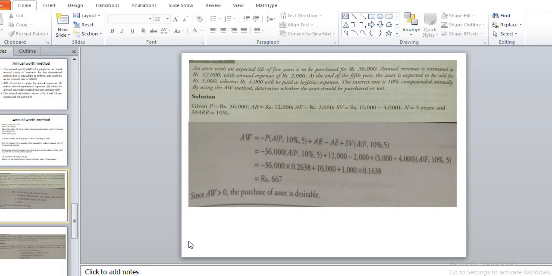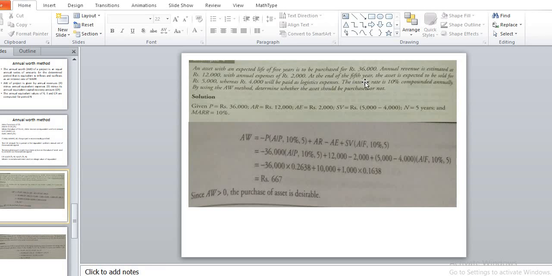An asset with an expected life of 5 years is to be purchased for rupees 36,000, with an estimated annual revenue of rupees 12,000 and annual expenses of rupees 2,000.